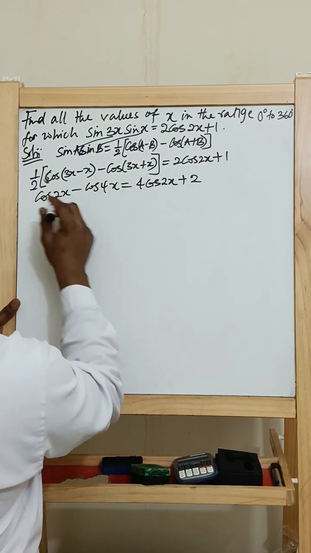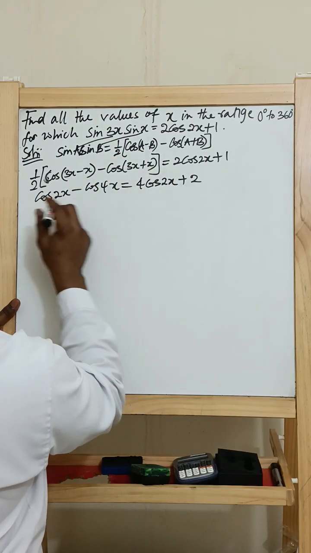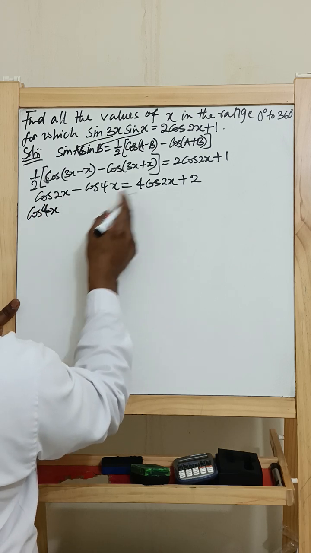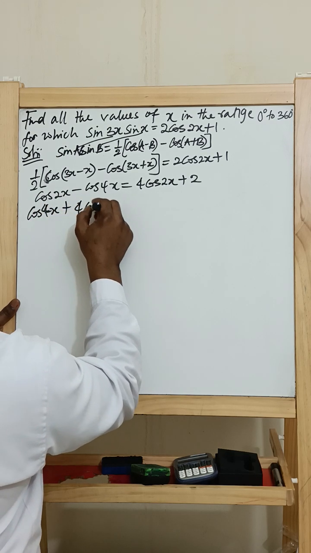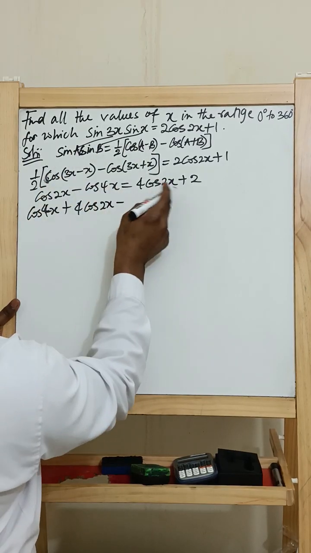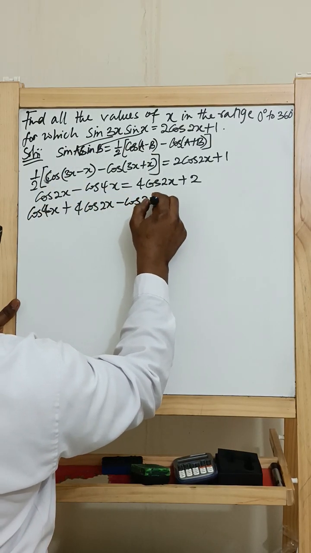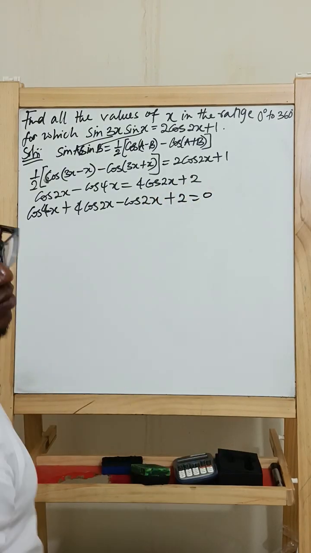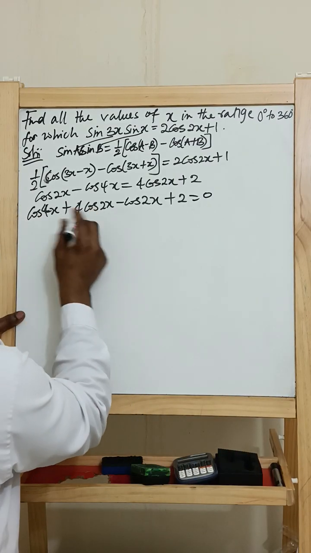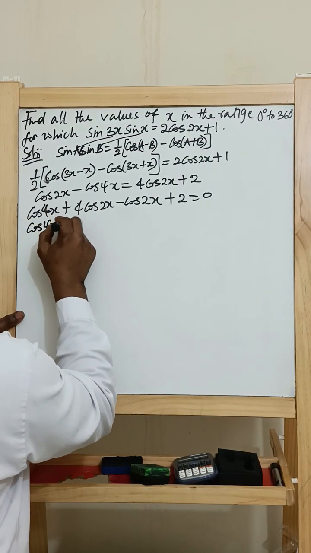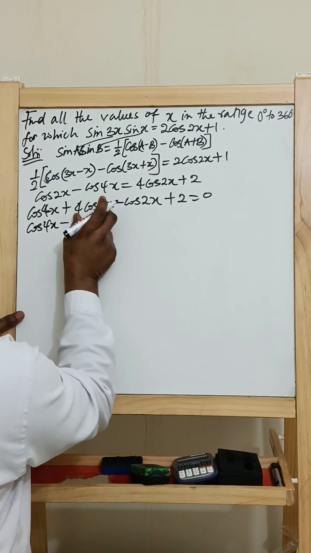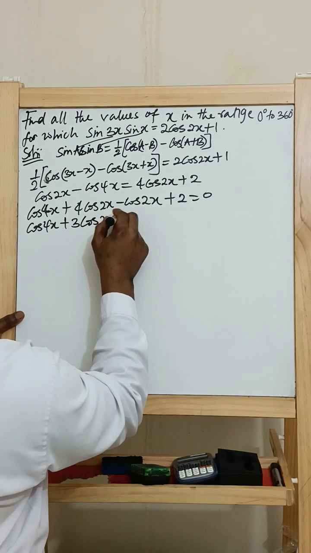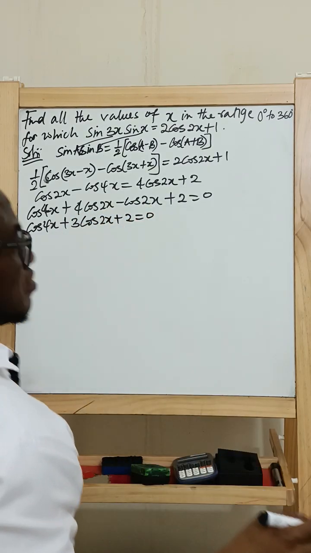So that will be cos 4x plus 4 cos 2x minus cos 2x equals 0, right? So from here, this is now cos 4x plus 4 cos 2x and 1 cos 2x, that will be 3 cos 2x plus 2 equals 0, right?